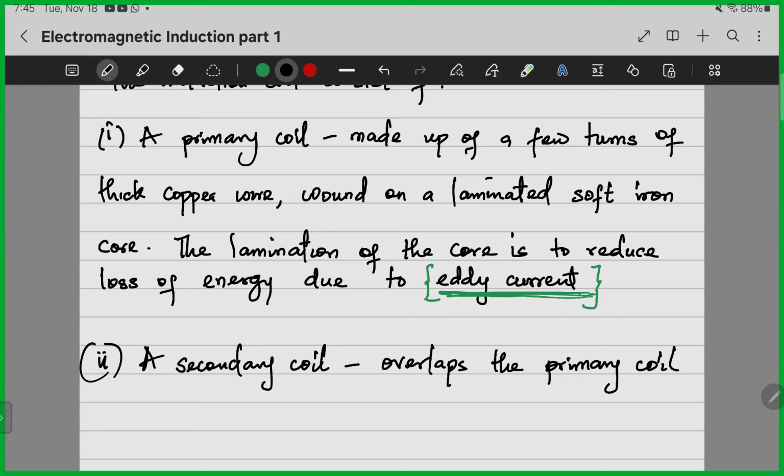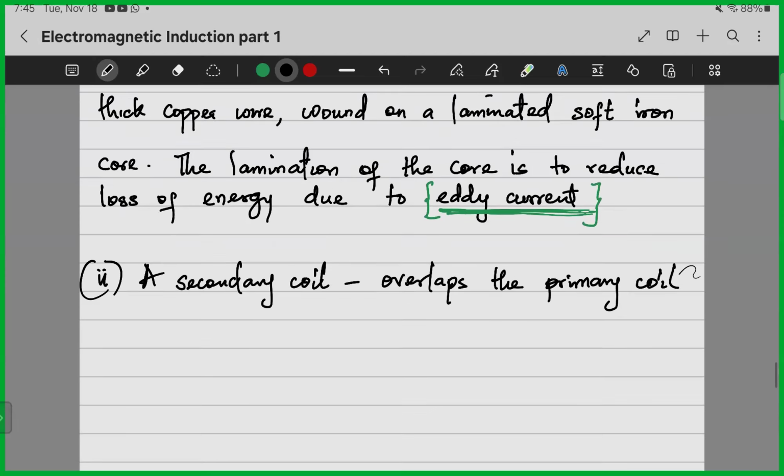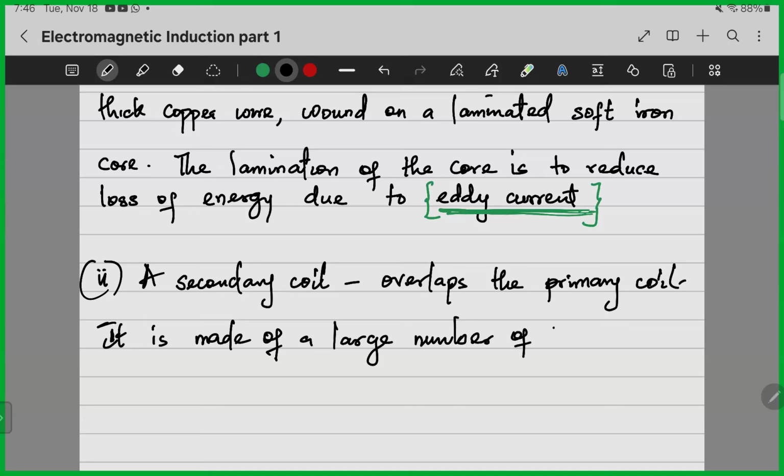The secondary coil overlaps the primary coil, and it is made of a large number of turns of insulated thin copper wire.